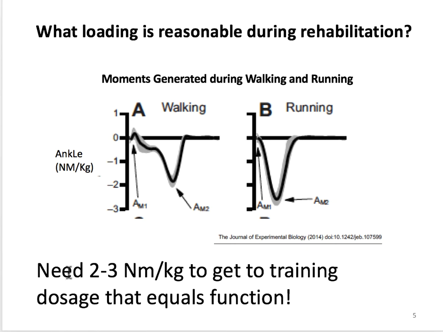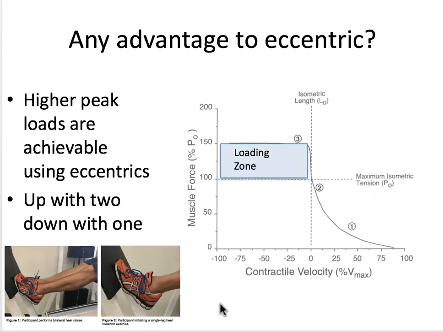So in order to get to adequate loads that help people meet the needs of walking and running, we need them to be generating 2 to 3 Newton meters per kilogram to get to a training dosage that equals function. So it's much higher than we normally think.